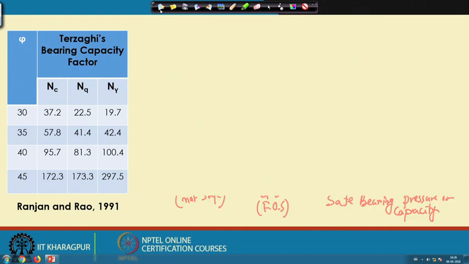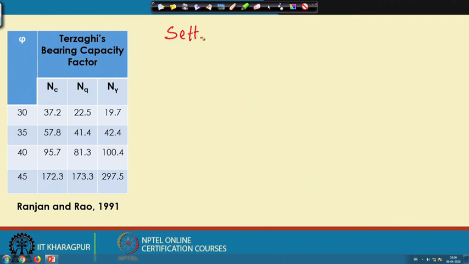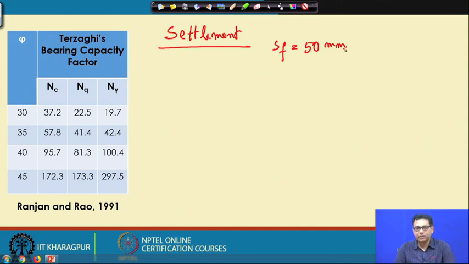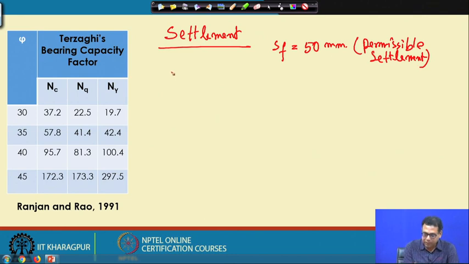Now, we have to apply the settlement criteria. If I apply the settlement criteria, my permissible settlement for the foundation is 50 millimeter. So, I am designing my foundation for 50 millimeter settlement. Now, what would be the plate settlement corresponding to S f equal to 50?